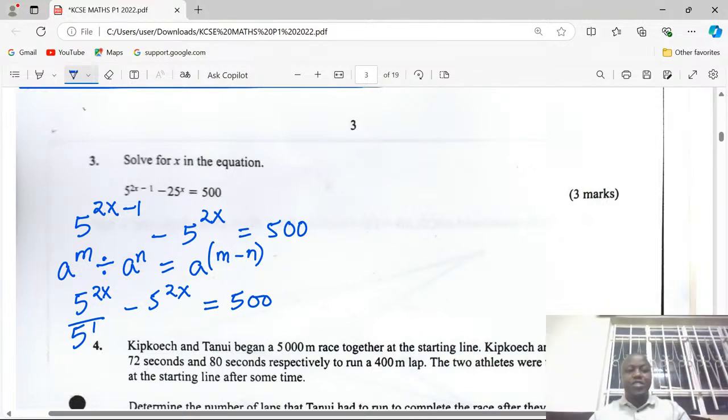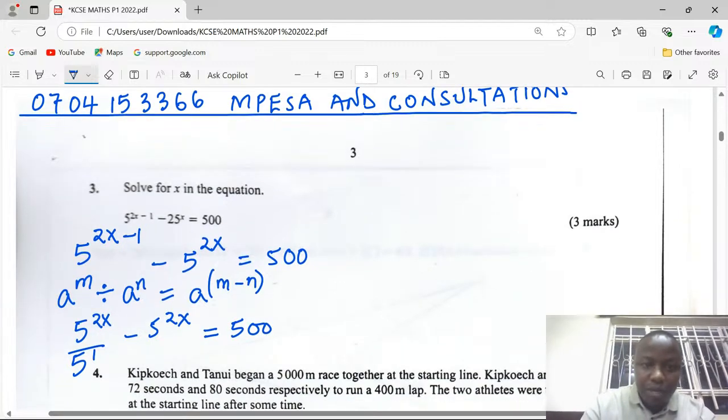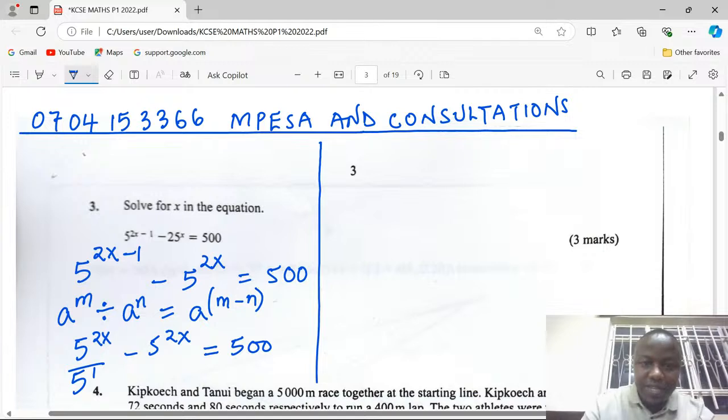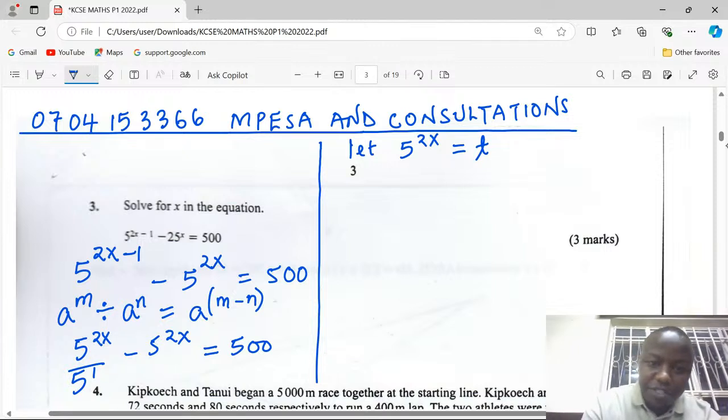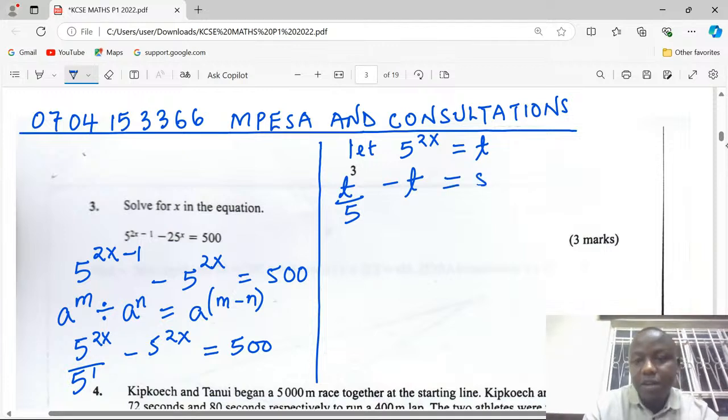At this point, we can see that 5 power 2x is appearing twice, and we can simplify it, whereby we can just let 5 power 2x be something like t. When it is t, just unknown, we will have t divided by 5 minus t equals 500.